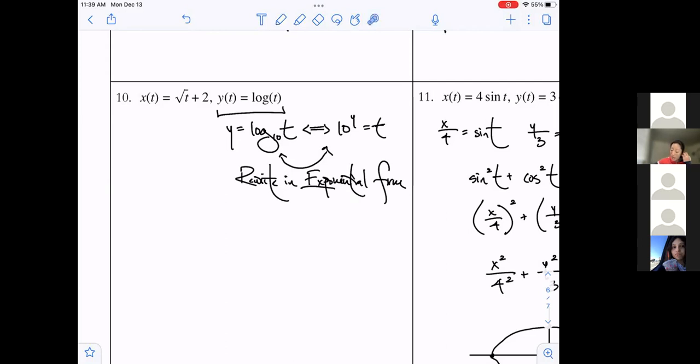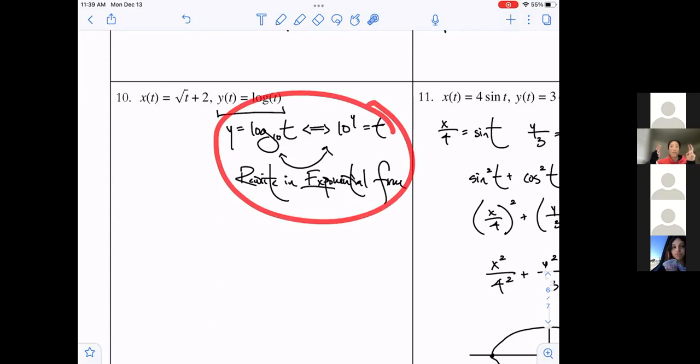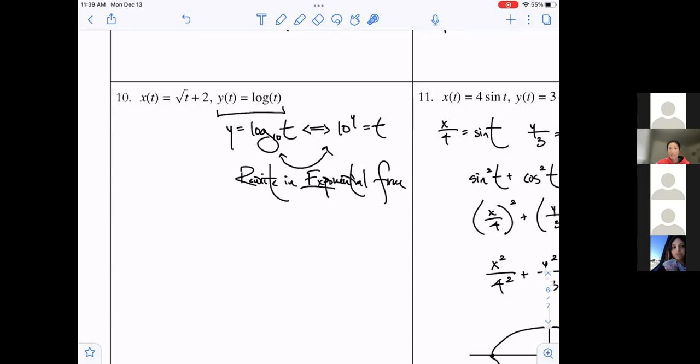And so remembering how to rewrite logs and exponents in their forms is now one of those fundamental skills in your toolbox, okay? And if that's something that you're like, ooh, this seems super not clear to me, it might be something you want to work on a little bit over break just to refresh your memory, okay?